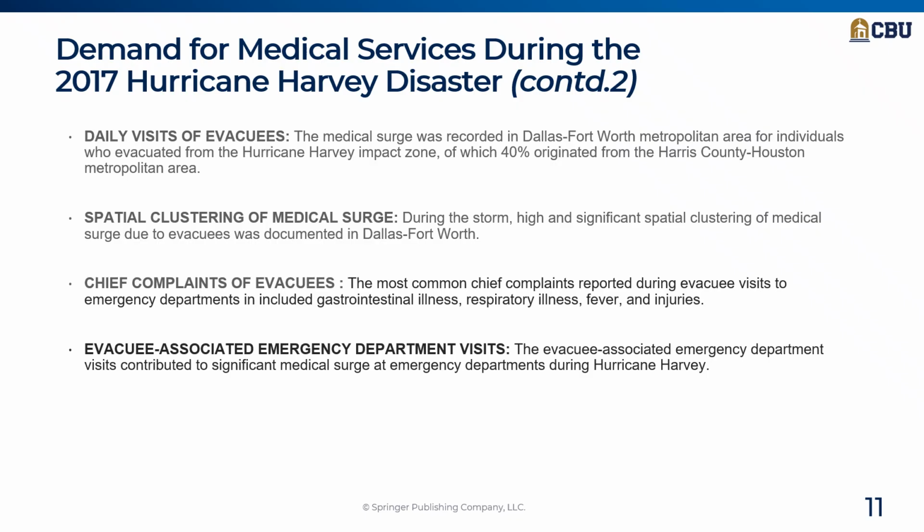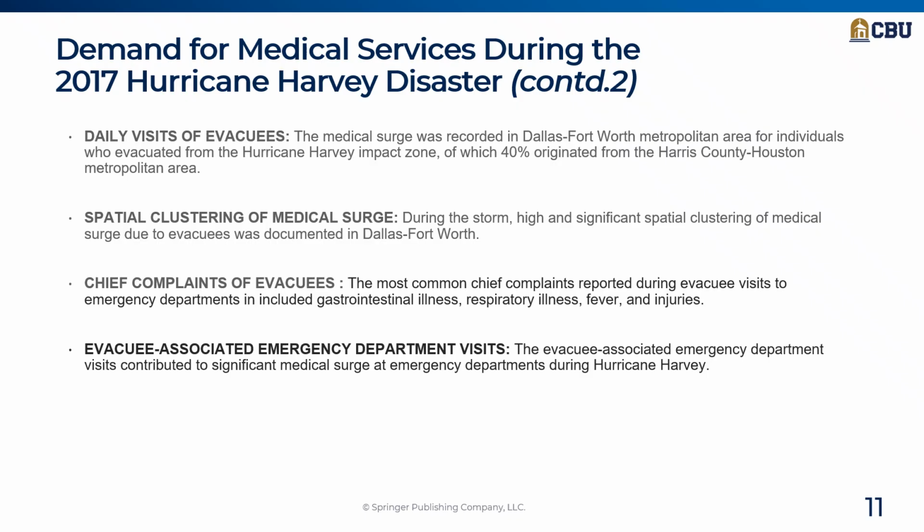About 40% of them came from Houston. Before the storm, Dallas-Fort Worth hospitals averaged about 22 evacuee visits per day, and after landfall, that number jumped to almost 80 per day, representing a 260% increase in evacuees seen in Dallas for medical issues.